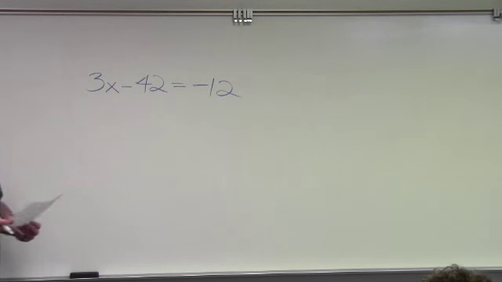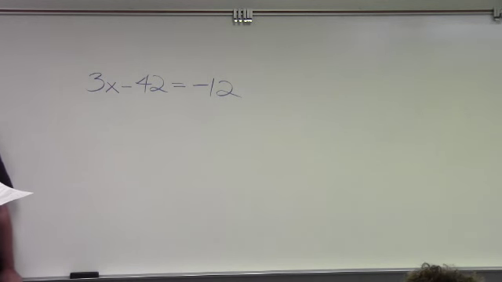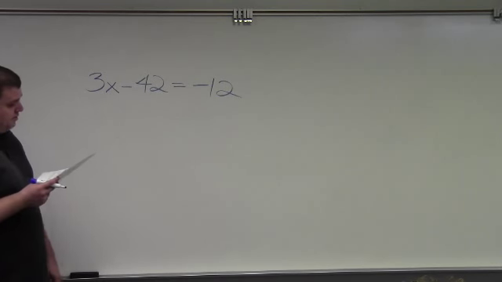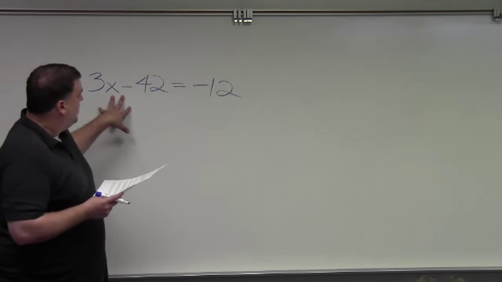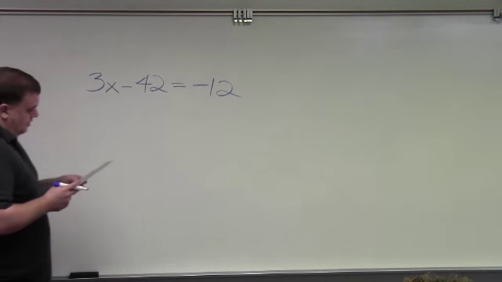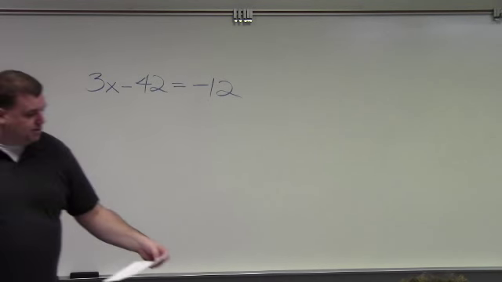Are there any parentheses involved in this one? No. The second step involves if we need to get rid of fractions or decimals. Do we have any fractions or decimals in this equation? No. Do we need to combine like terms? Is there any like terms on this side or this side that we can add together? No. So the variable doesn't appear on both sides.